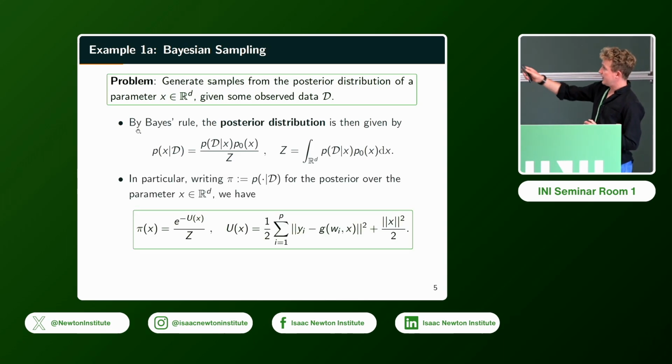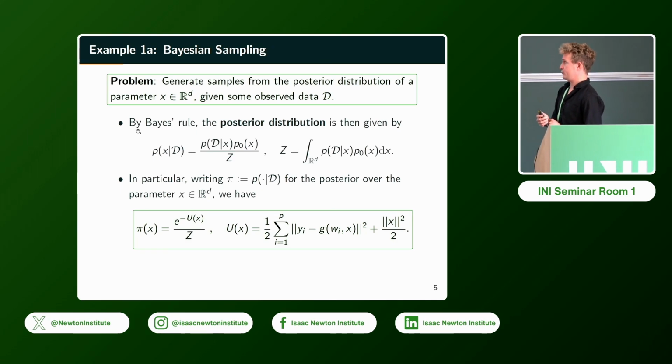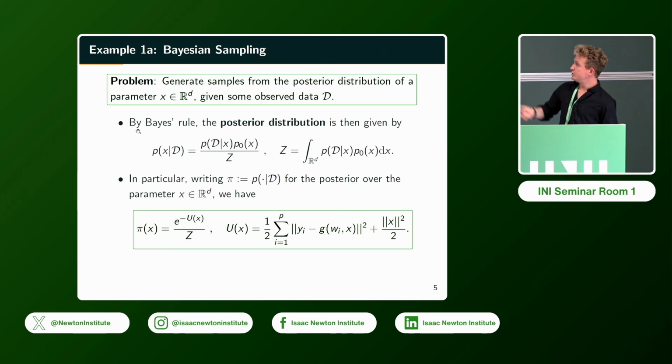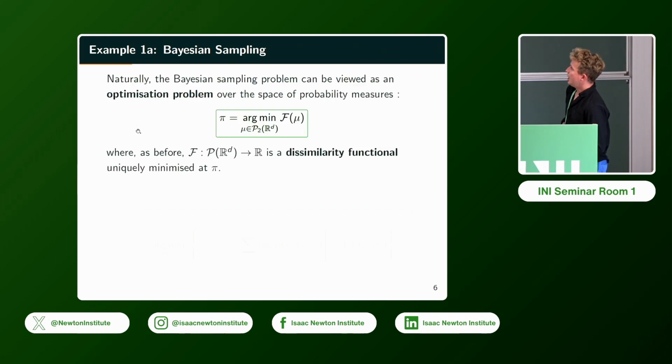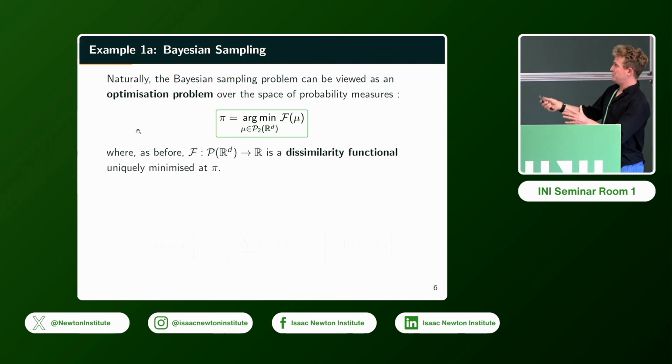In particular, this is precisely of the form I talked about earlier, where we have some target distribution whose density we know up to some intractable normalizing constant. And so going back to the formulation we had before, given that this is a sub-example of the general sampling problem, we can, of course, view this again as an optimization problem over the space of probability measures.